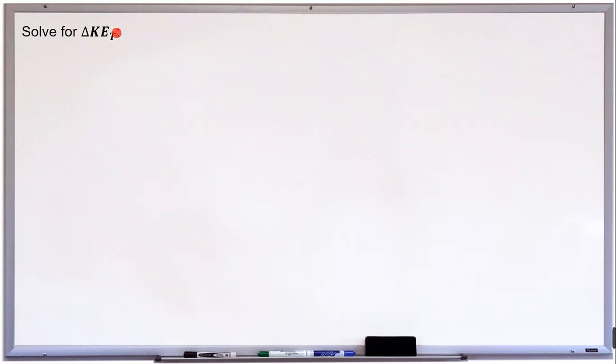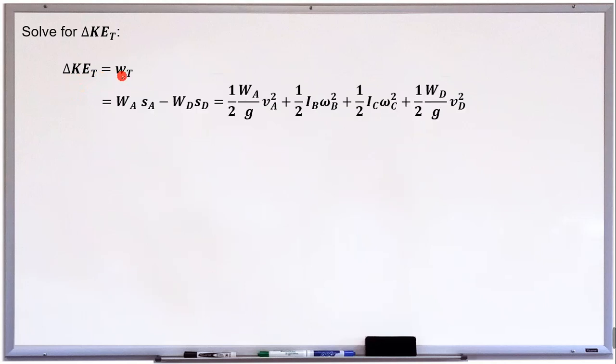And lastly, we will solve for the total change in the kinetic energy of the system. So we have the total change in the kinetic energy of the system is equal to the total work done in the system. Now you can use this formula, this is for the work done, or you can also use this formula, this is for the total change in the kinetic energy of the system.